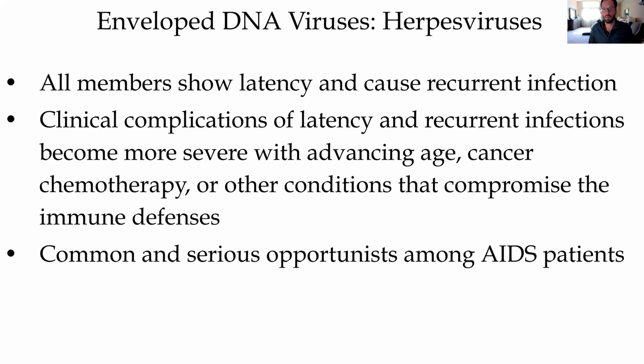And when we talk about this recurrent infection that happens later on, it usually comes about because the person is aging and they have a decreased immune system to keep that at bay, or they're experiencing chemotherapy for cancer, which is destroying their immune cells as well, or they have some other kind of immunocompromisation that then allows this virus that's been kind of laying low to flourish again. And herpes viruses are one of those opportunistic pathogens that can lead to the demise of patients with AIDS.